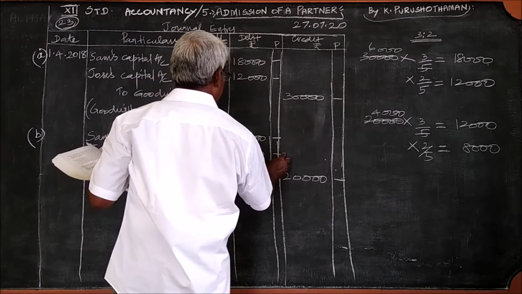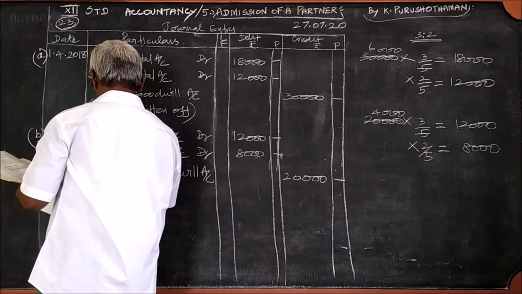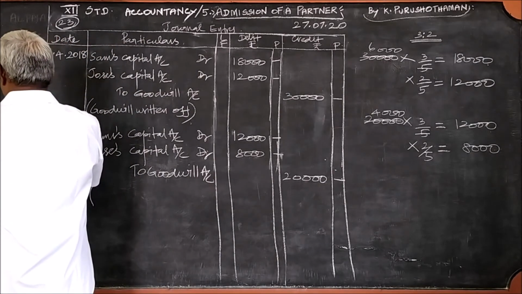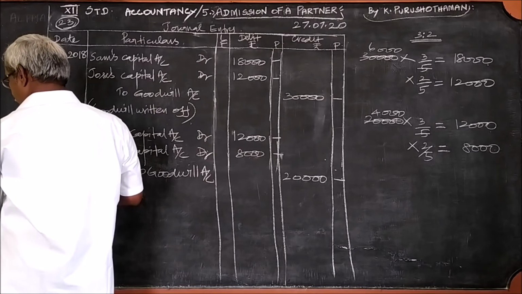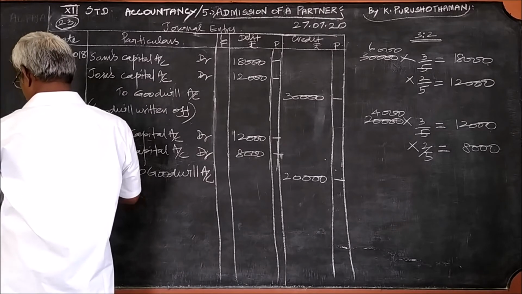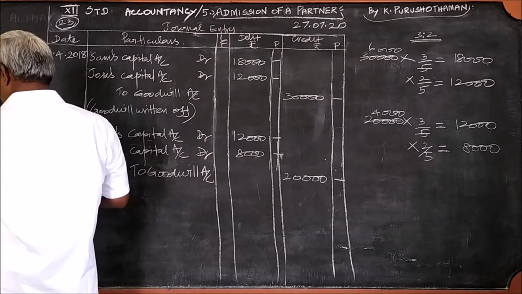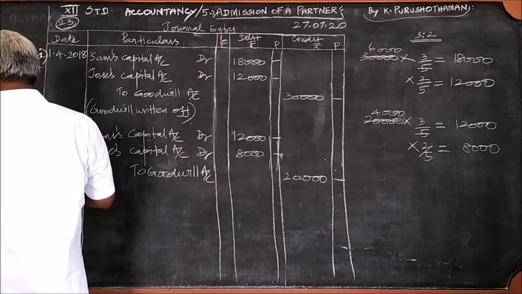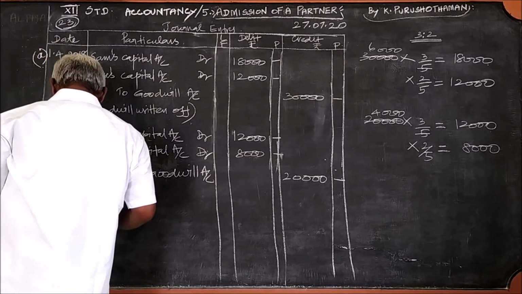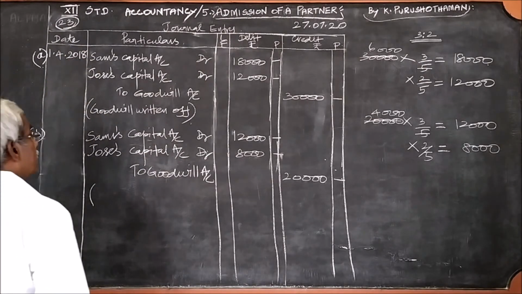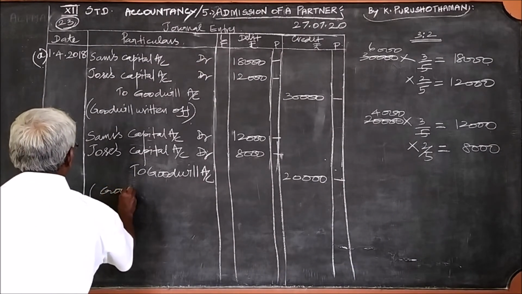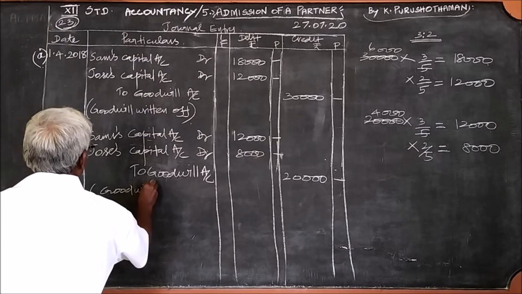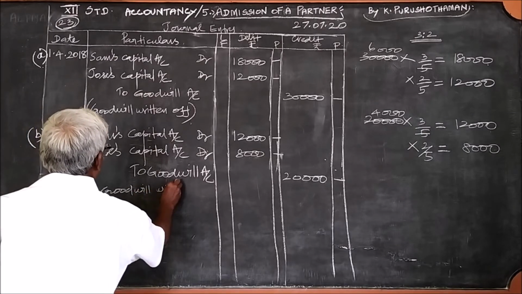What should be the narration? Goodwill is written off. Goodwill here is written off, but what happened to the remaining amount? Nothing happens to it. Therefore, as usual, you write goodwill written off.